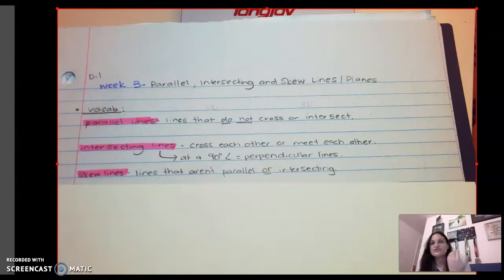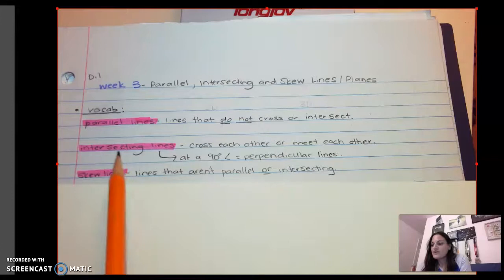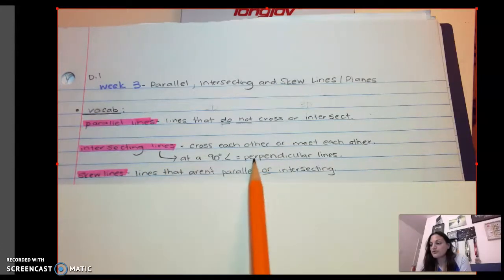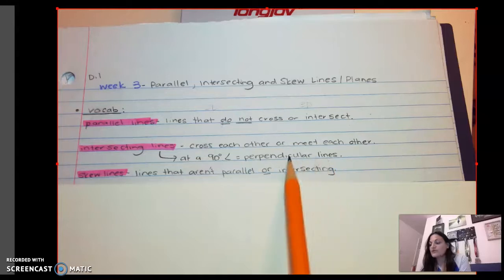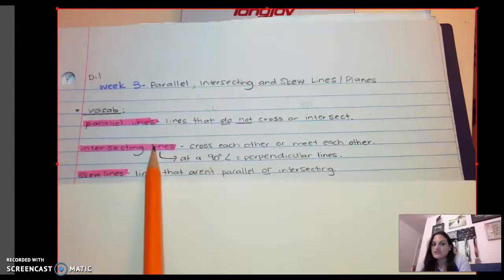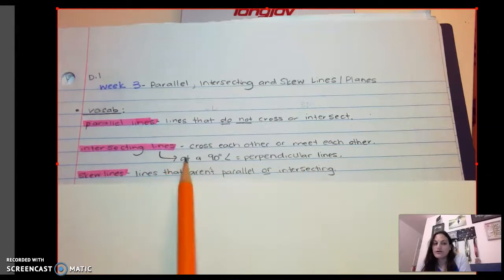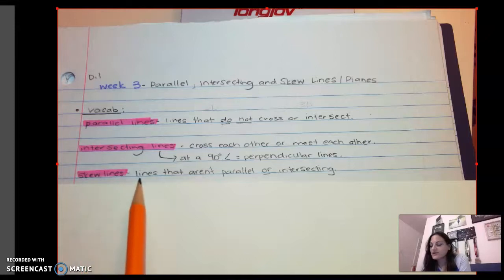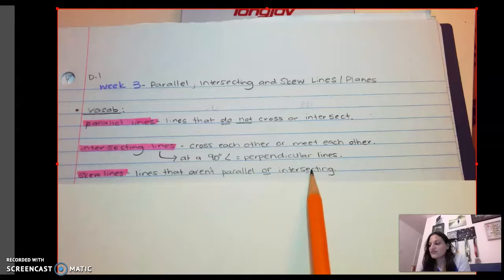It just has to be at least two lines. Okay? If they intersect each other at a 90-degree angle, those are called perpendicular lines. So perpendicular is a type of intersecting line. Okay, so that's why I drew the little arrow over here. And then skew lines. Those are lines that are neither parallel nor intersecting.